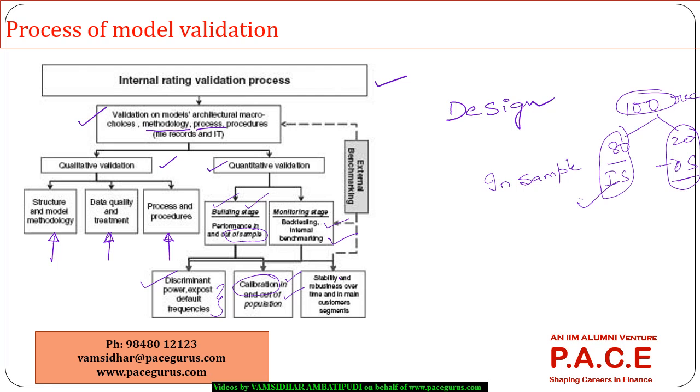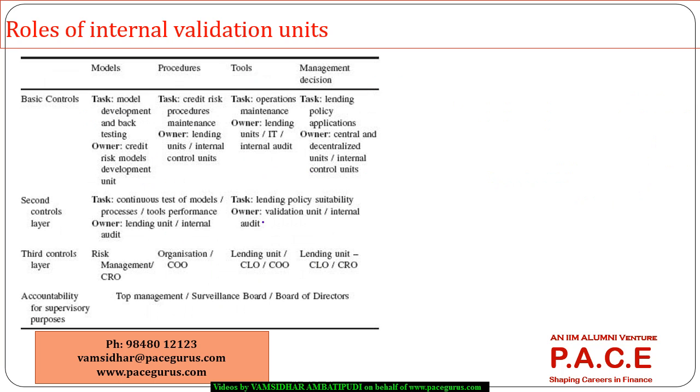The external benchmarking can also be combined, where you get the benchmark from outside and give that as an input to your process and as a part of your monitoring, and overall it can result in the overall assessment of the model. So this is how any model that you are building can be really validated.